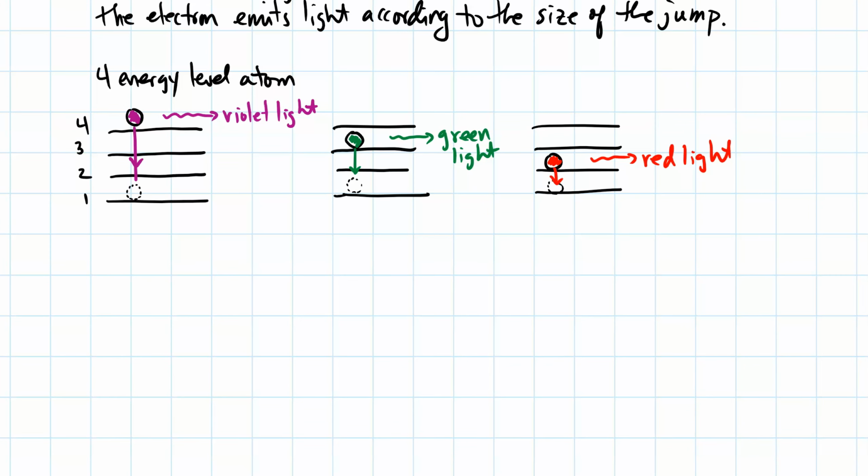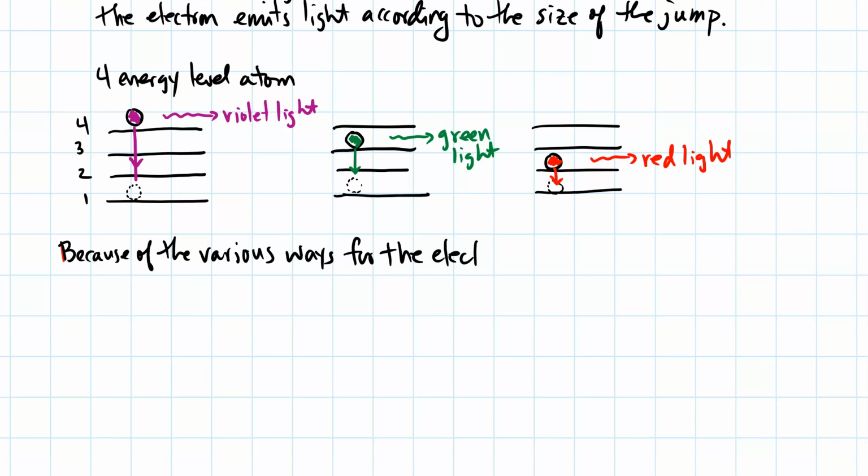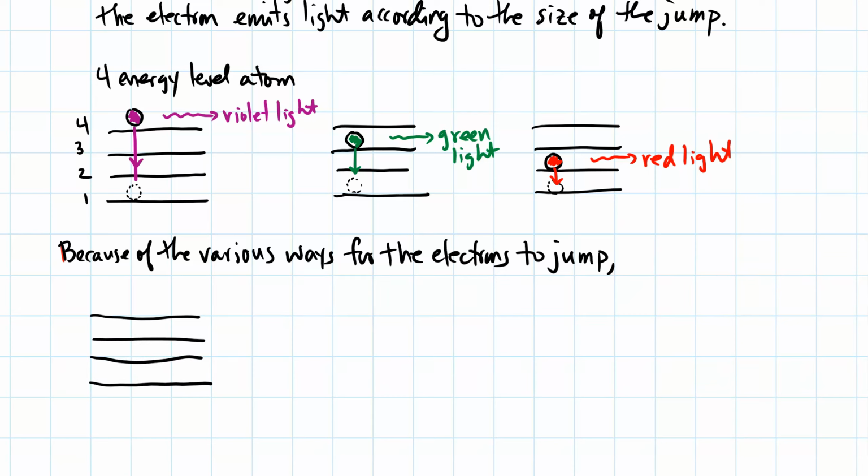But what you would find here is that because of the various ways for the electrons to jump, with these 4 energy levels, I could do one of 3 things here, right?